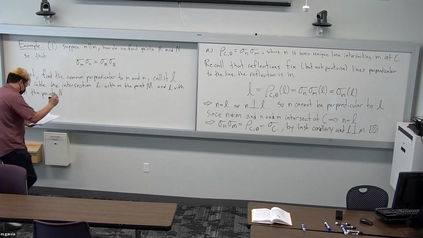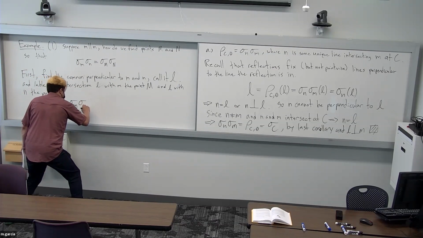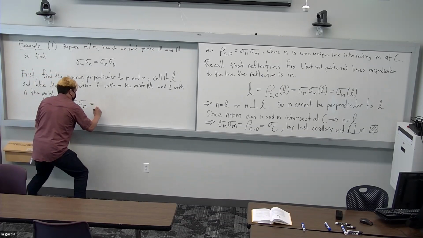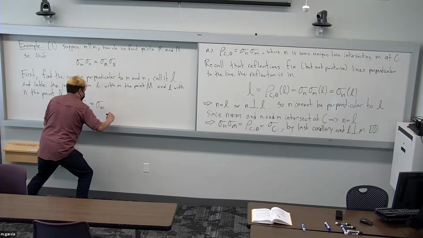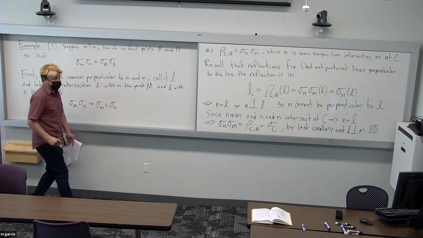Let's just look at this product, sigma M, sigma N. Here's a silly thing. This is obviously equal to sigma M iota sigma N.